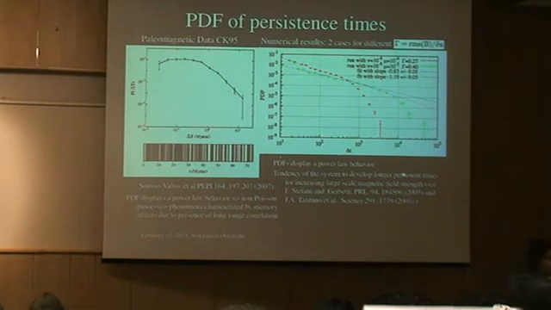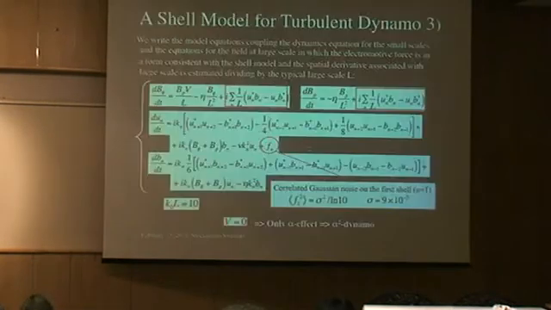Does your full system, the large scale and small scale, follow all conservation laws? Pardon me? The full system, so you have the equation for large scales and for small scales. Does it follow the conservation laws, the magnetic helicity conservation? I mean, in a shell model, you don't have a real magnetic helicity. I understand.